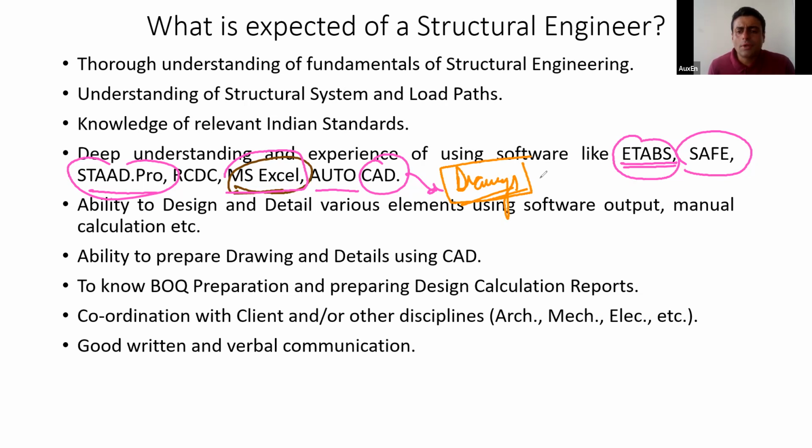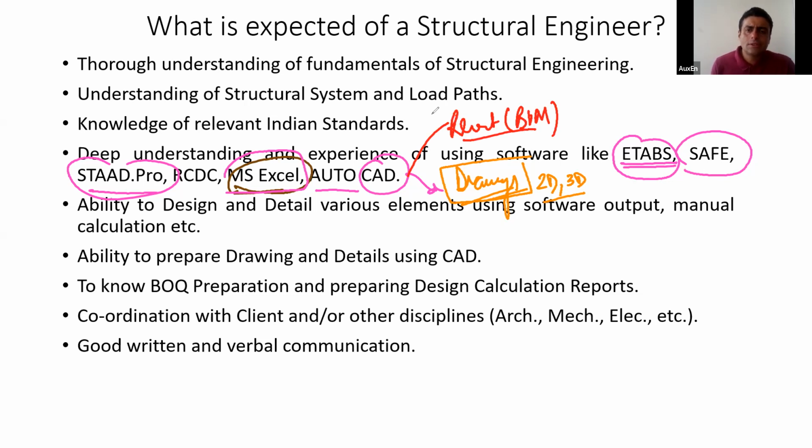Okay. And not only 2D, in my view, you should also learn AutoCAD 3D. And these days, increasingly, Revit is also being used with the advent of BIM. The Revit models usually engineers themselves prepare. I mean, you can always have a draftsperson to do this, but engineers also do this work these days.